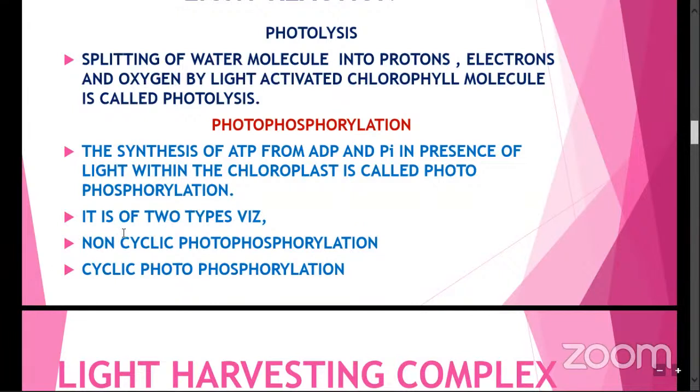This photophosphorylation is of two types: non-cyclic photophosphorylation and cyclic photophosphorylation. What they are, I'll discuss in the coming slides.